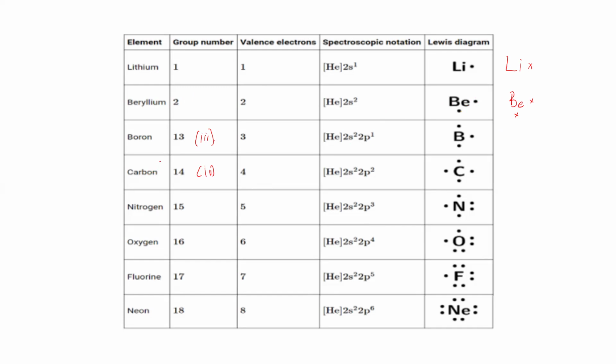Same applies to boron. We have 3. You can see that we have 1, 2, 3. Same applies to carbon. We have 4: 1, 2, 3, 4 valence electrons. Nitrogen, we have 5 valence electrons. Oxygen, group 6. The valence electrons, there are 6. And then fluorine, we have 7 valence electrons. We have 7 when you count them. And neon is in group 8. It has 8 valence electrons.